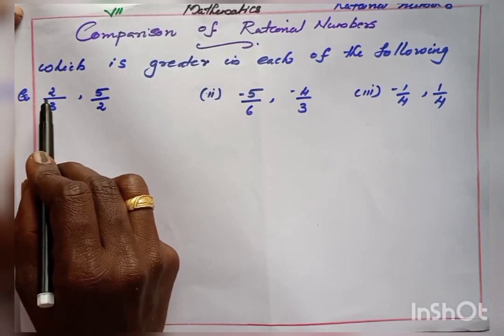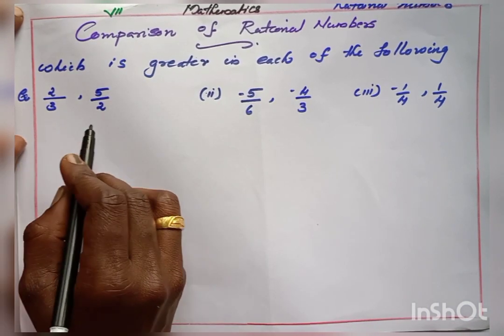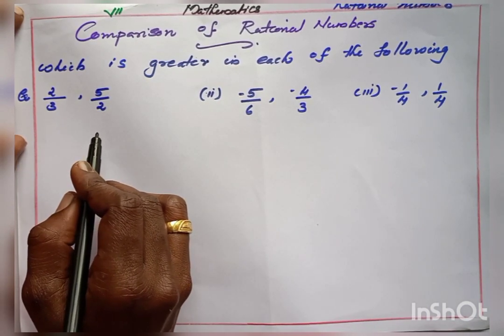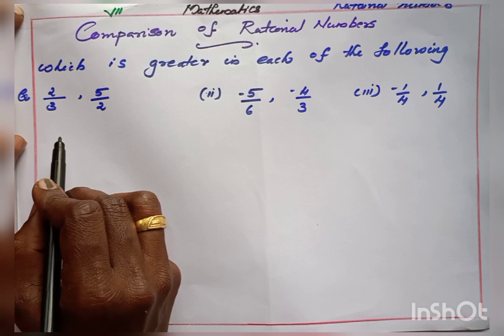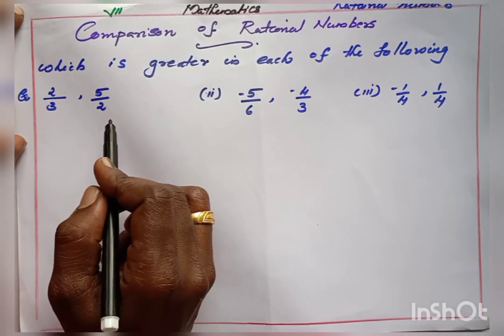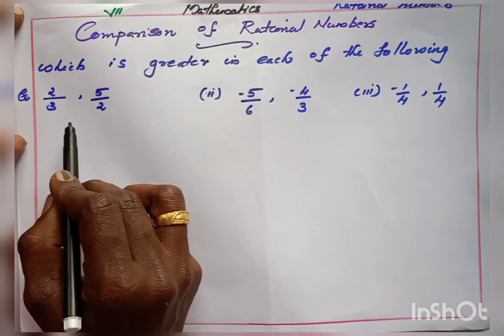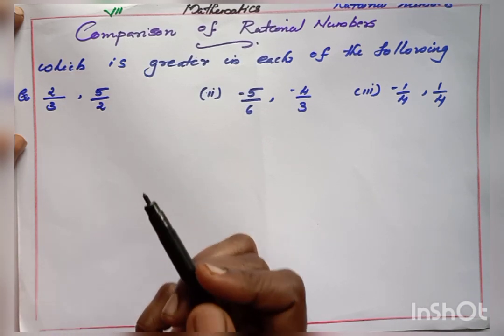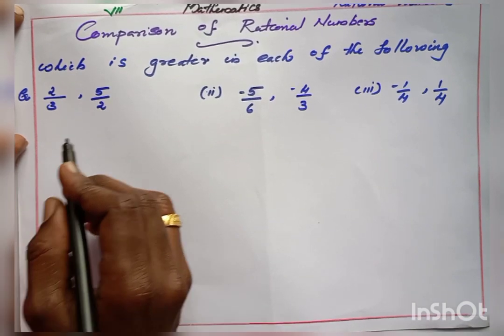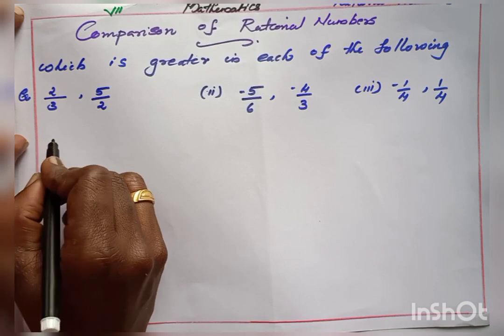Both the numerator and denominator are positive, so these are two positive rational numbers. We know how to compare two fractions to see which is greater or smaller. We studied it in earlier classes. The same method we can use here.